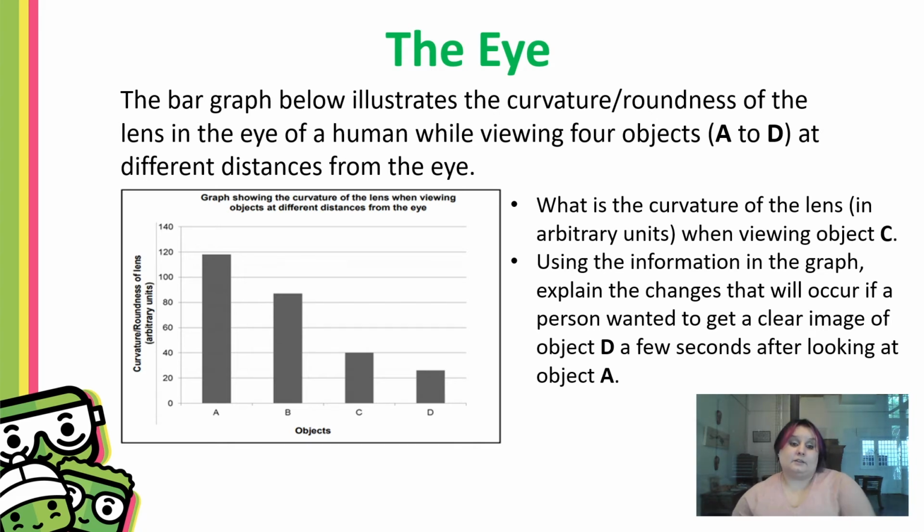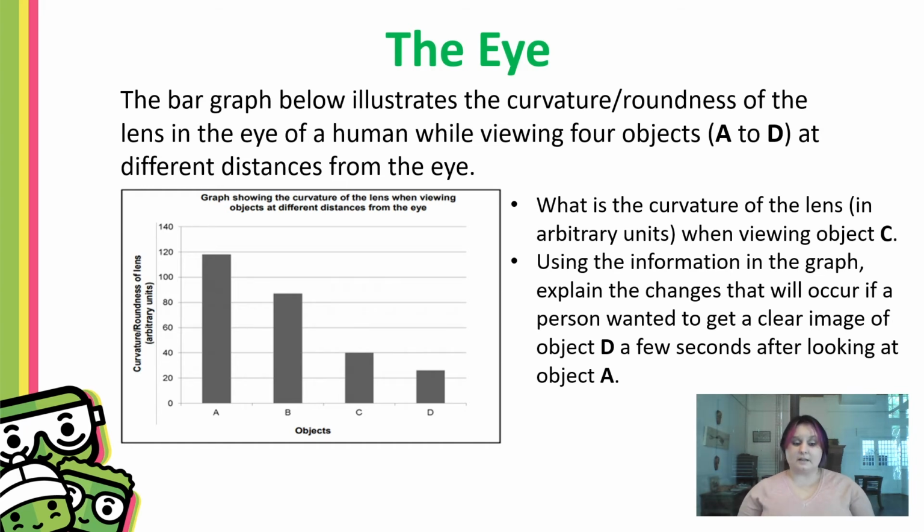So let's have a look at this question. This is from a past paper, so it's quite a good example. The bar graph below illustrates the curvature or roundness of the lens in the eye of a human while viewing 4 objects, so objects A to D at different distances from the eye.